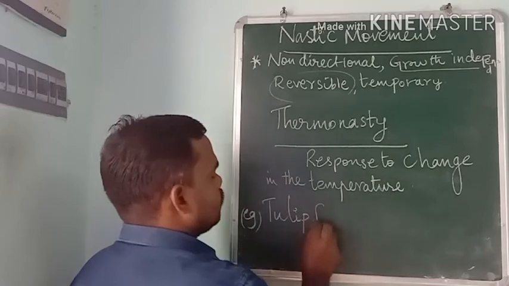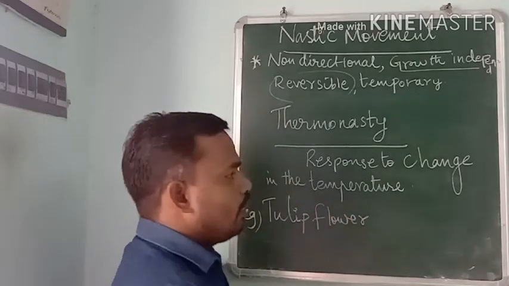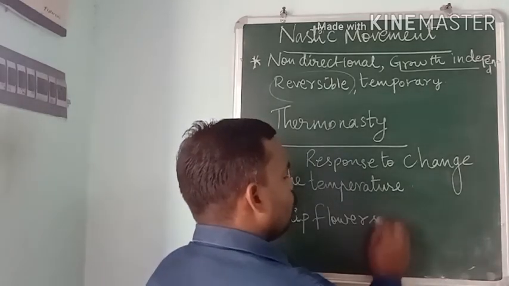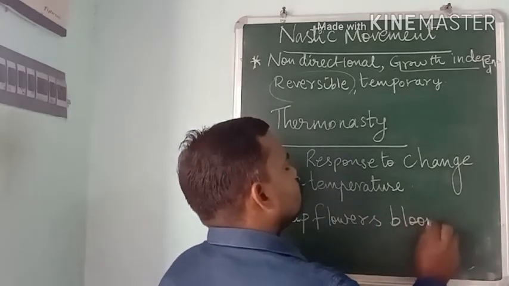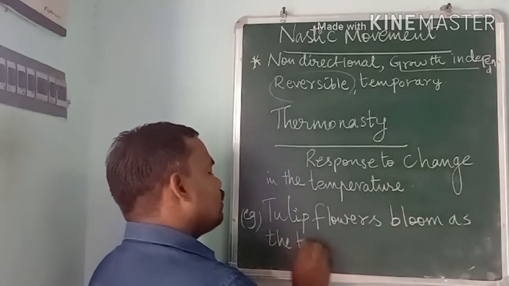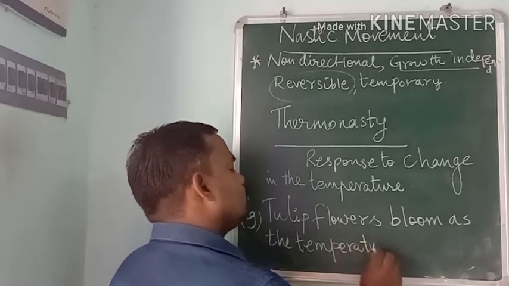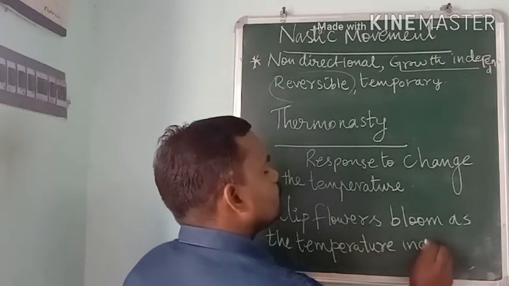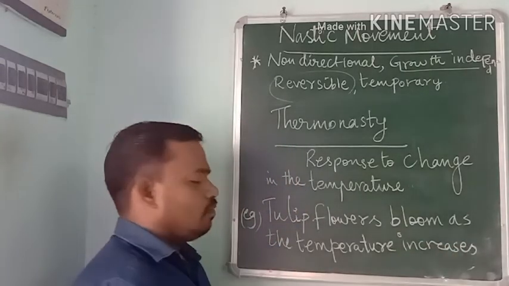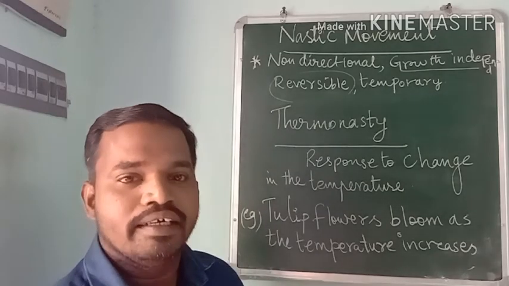Tulip flowers bloom as the temperature increases. அதே போல moon flowers bloom as the temperature decreases.